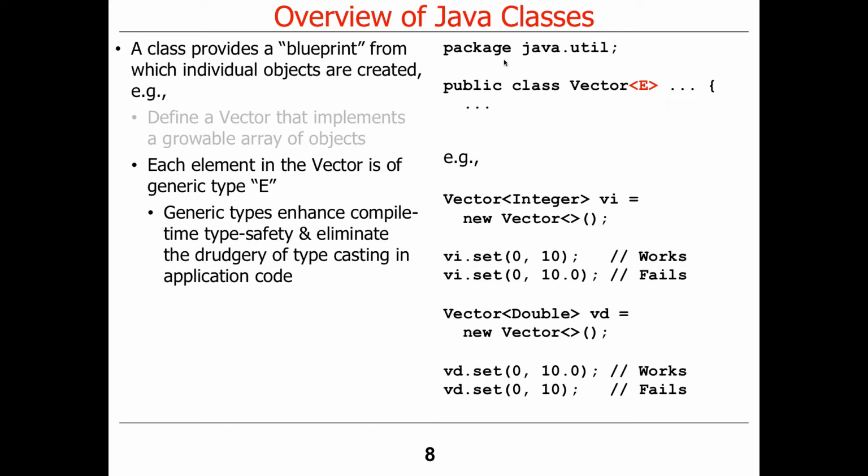Yeah? How does dynamic binding relate to this parameterization? So the question is, how does dynamic binding relate to parameterization or genericity, as the term is often used? They're really independent topics. The main thing to remember at this point is that generic programming and parameterization is resolved statically at compile/link time.